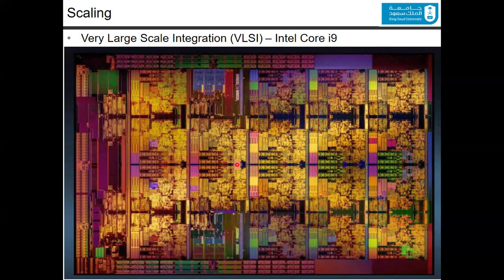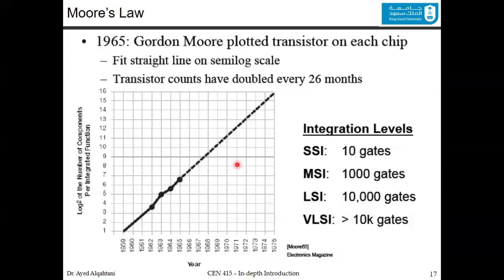We have Moore's law, and we said in the history, when we talked in that slide with many dates, that in 1965 Gordon Moore plotted the transistors in his chip, and he had this plot. The paper was published in 1965.